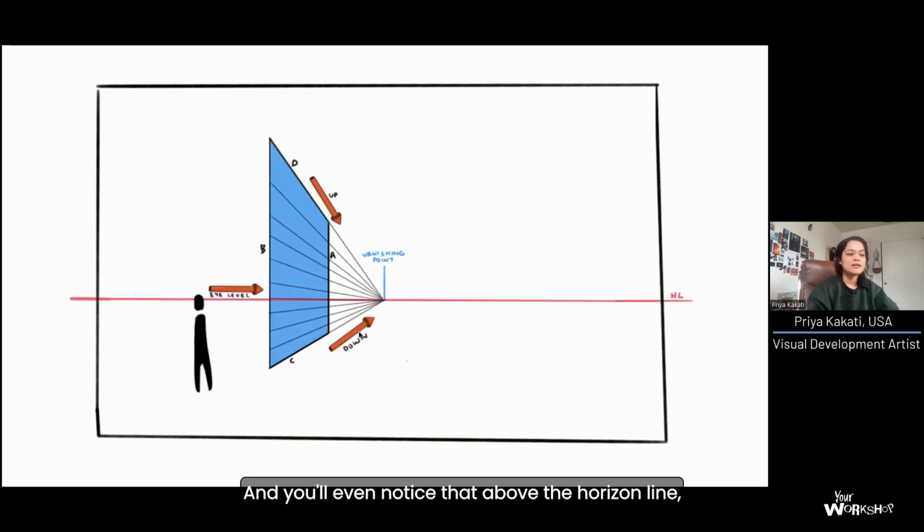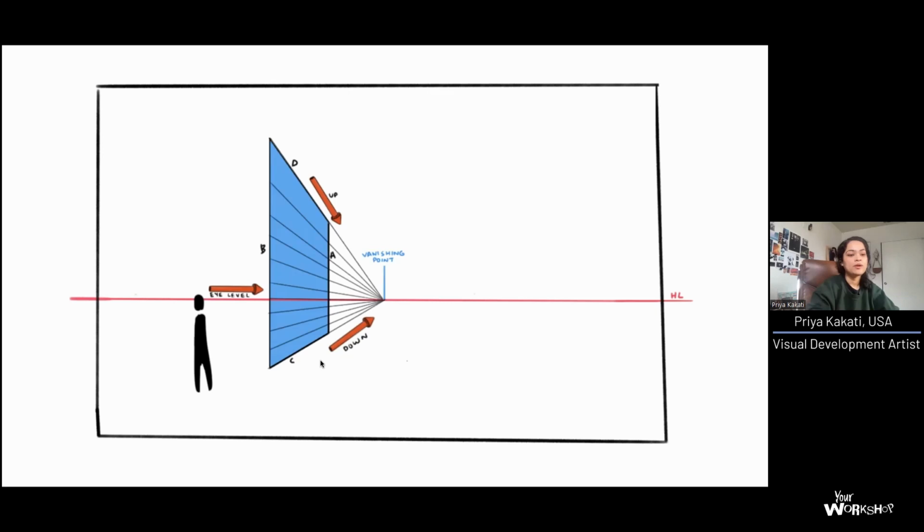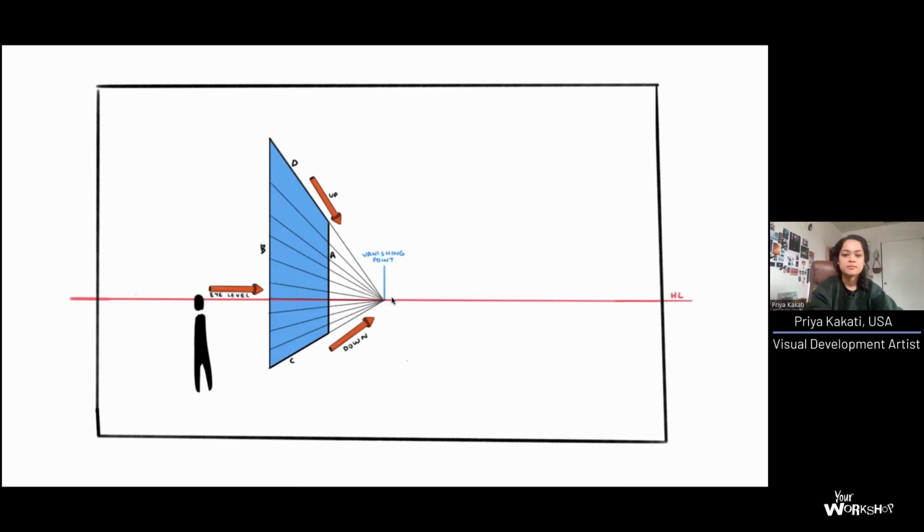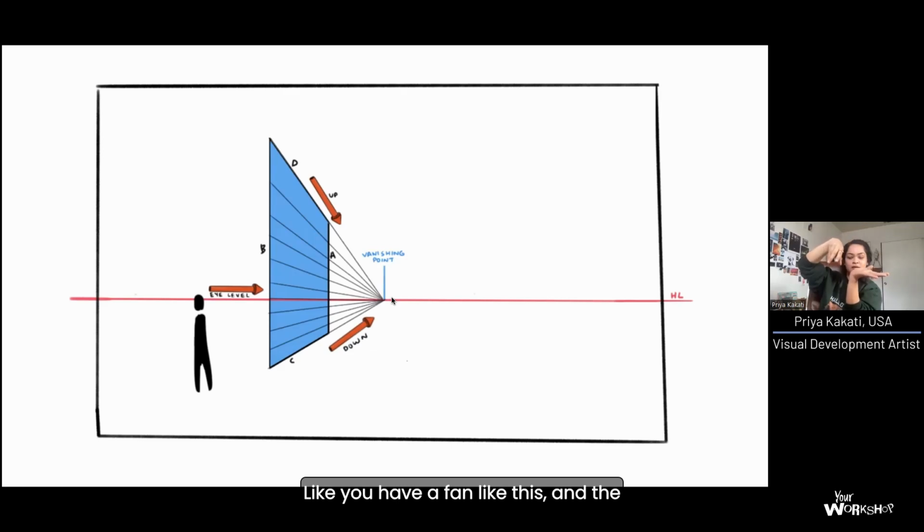And you'll notice that above the horizon line, the line tends to incline upwards, while the line below the horizon line tends to incline downwards, whereas the converging lines closer to the horizon line tend to be flatter. It's like a fan: the lines above the horizon line will tend to go up this way, and below the horizon line, they go this way.